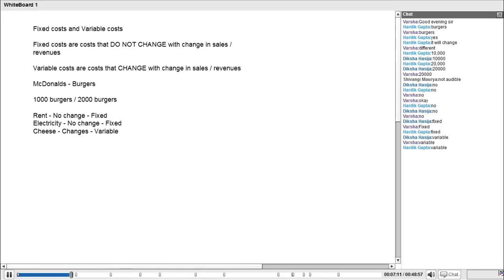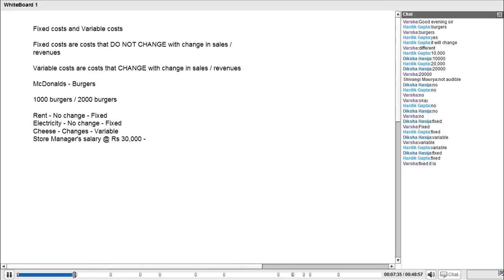Now let's look at the cost of the store manager. Suppose the store manager's salary is rupees 30,000 a month. Now is this cost fixed or variable? Would the salary of a store manager change if McDonald's sold 1000 burgers or 2000 burgers?